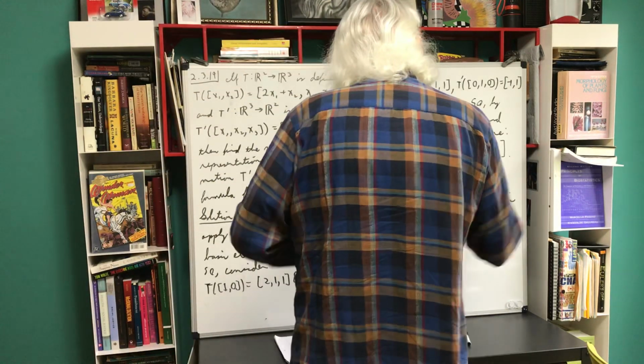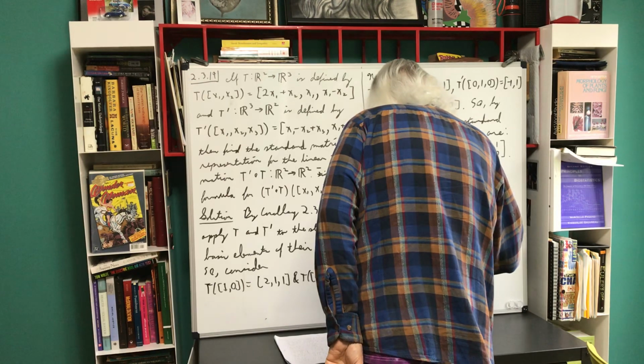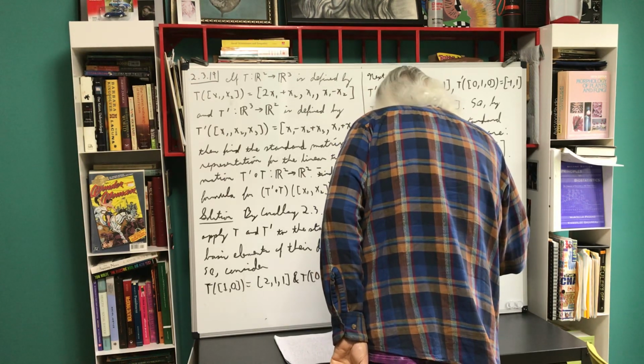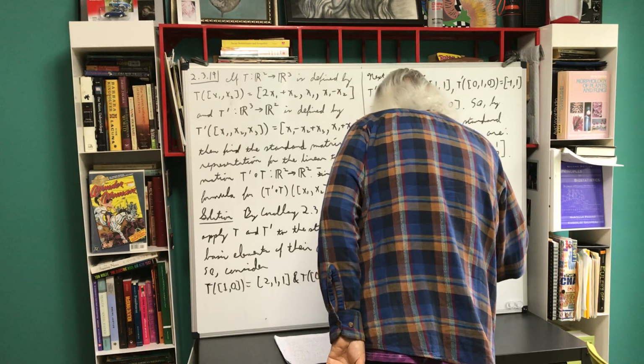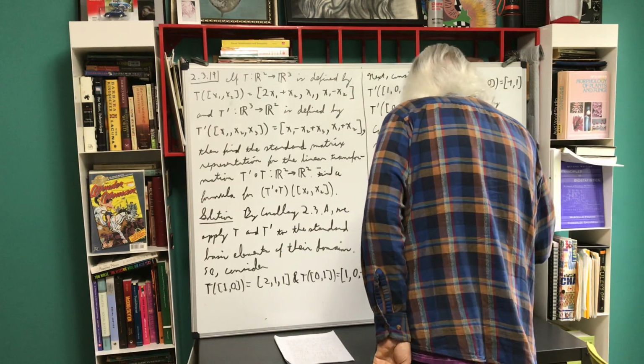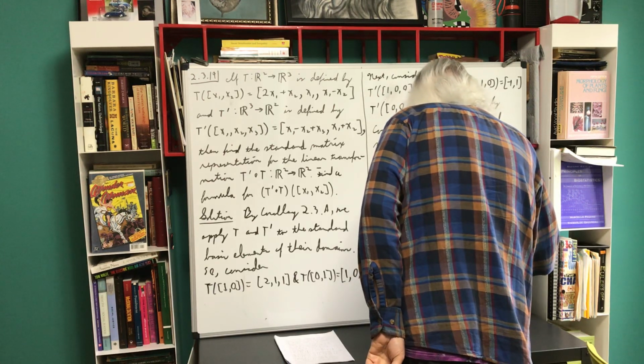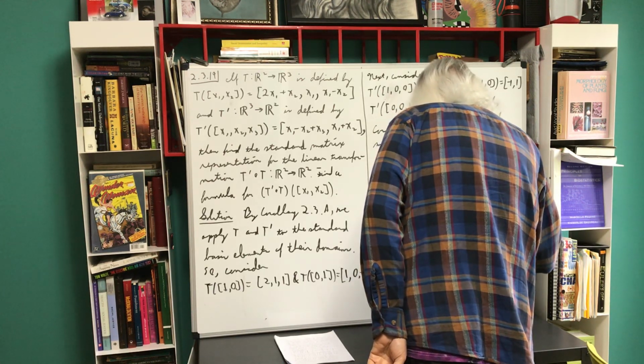A prime in terms of rows is 1, negative 1, 1, and 1, 1, 0. A in terms of rows is 2, 1, 1, 0, 1, negative 1.